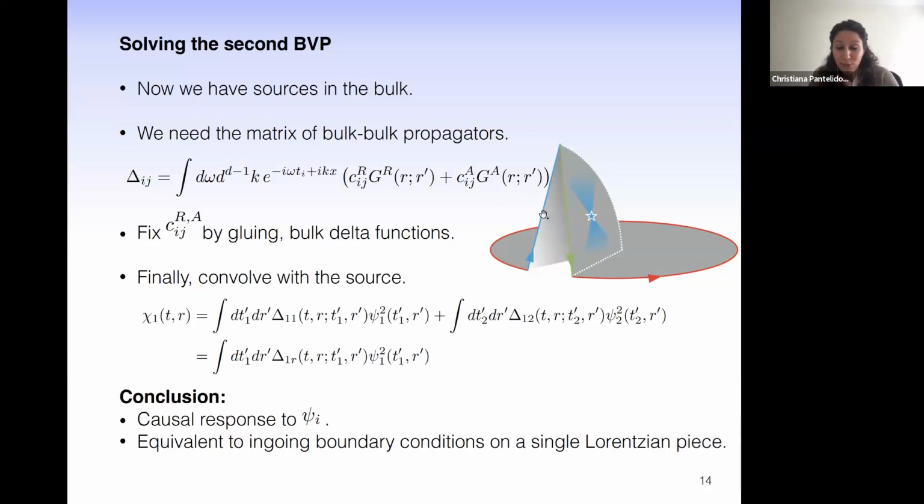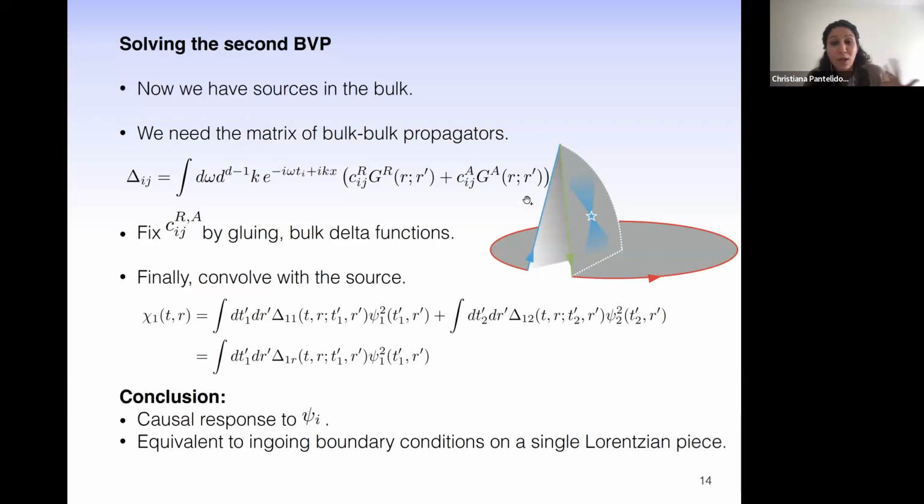Now, as I was trying to explain for the previous question, when we want to compute different correlators, the sources that we need to put are not equal to each other. Here we had J1 and J2 being equal to each other with the same sign.